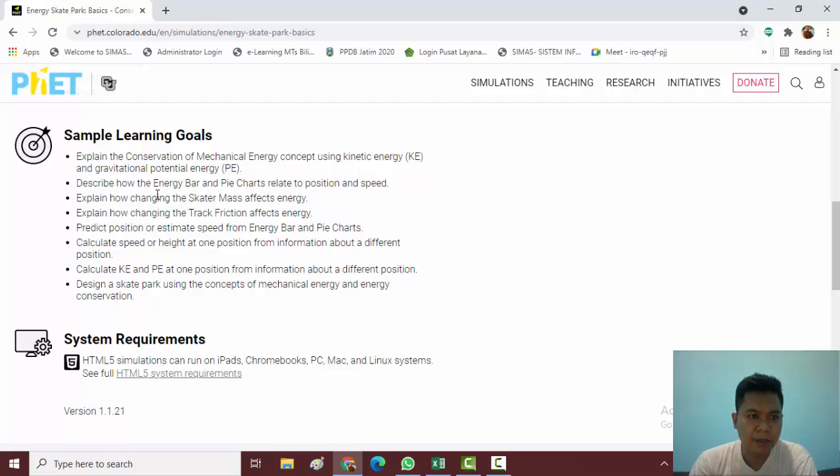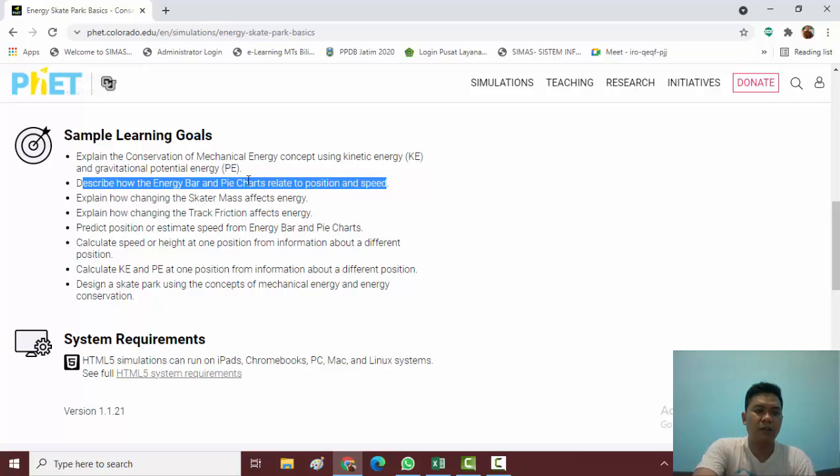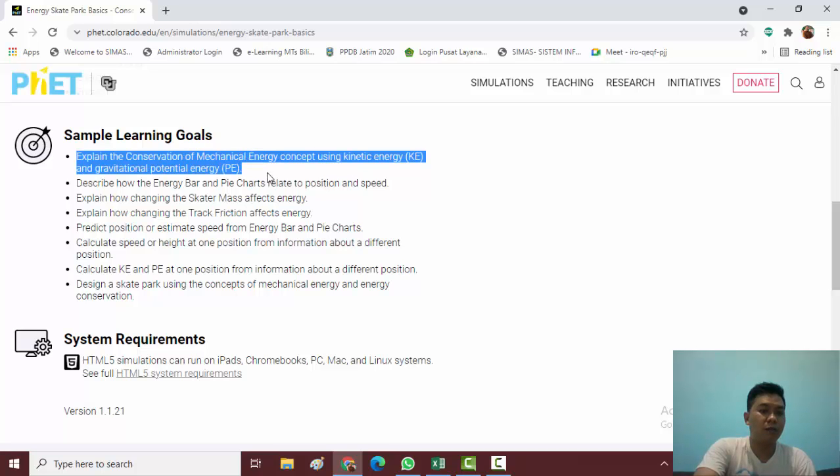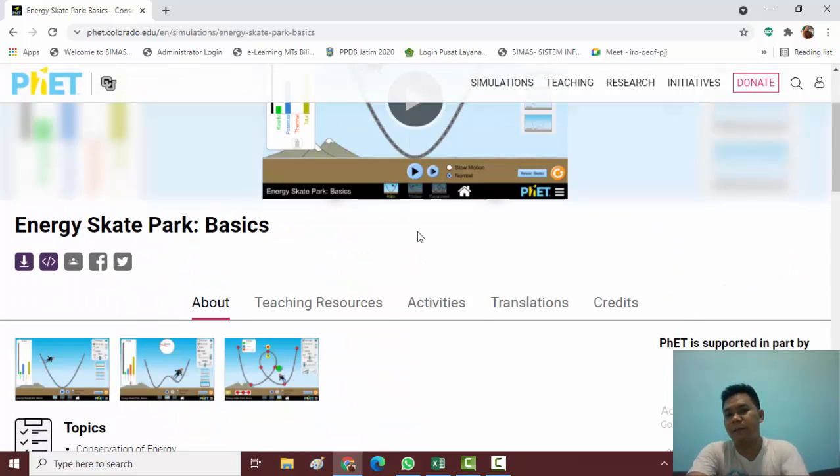One sample learning goal: explain the conservation of mechanical energy concept using kinetic energy and gravitational potential energy. Second, describe how the energy bar and pie chart relate to position and speed. We will learn about these two learning goals for this meeting.